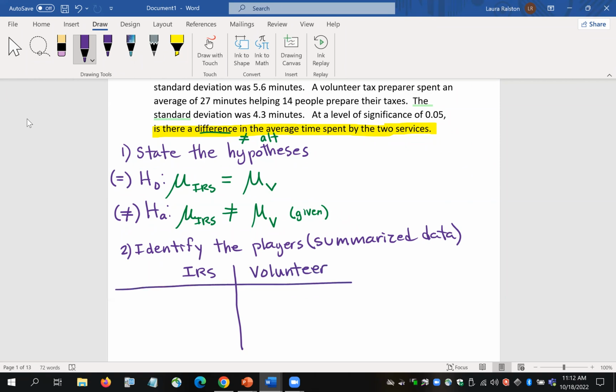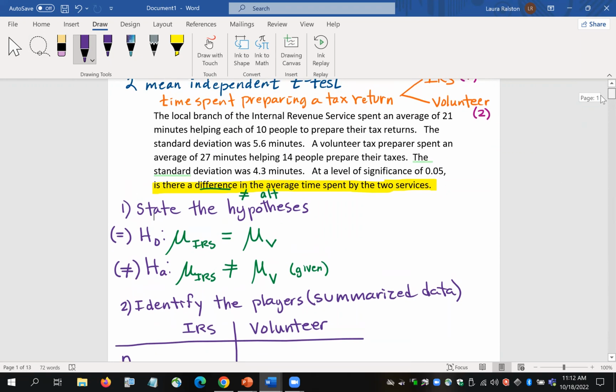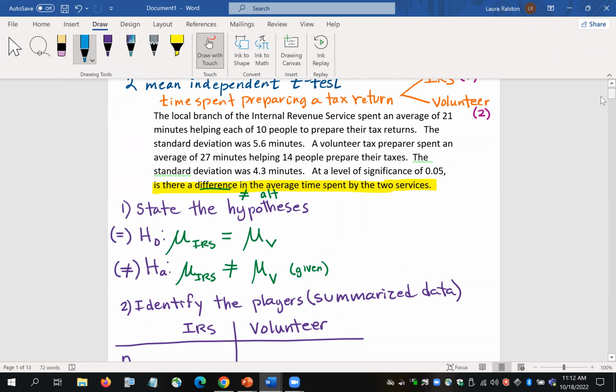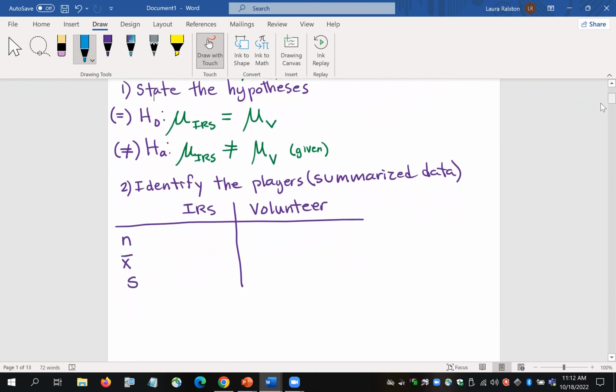And in each case, it tells us the sample size, the sample mean, and the sample standard deviation. So if I go back and read, it says the local branch of the IRS spent an average of 21 minutes helping 10 people prepare their taxes, and the standard deviation was 5.6.